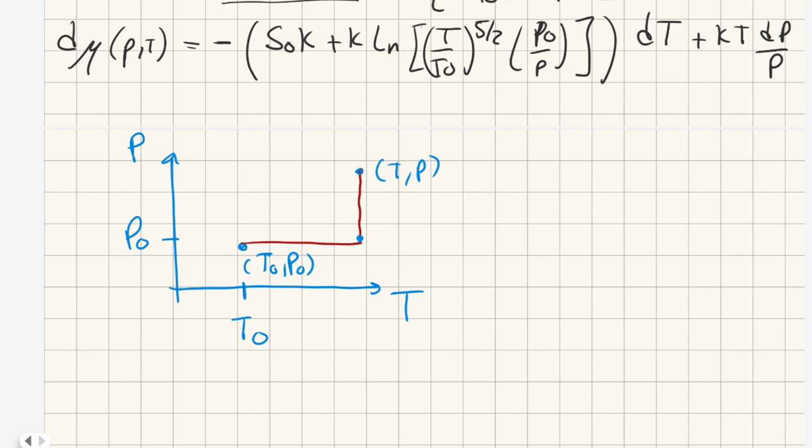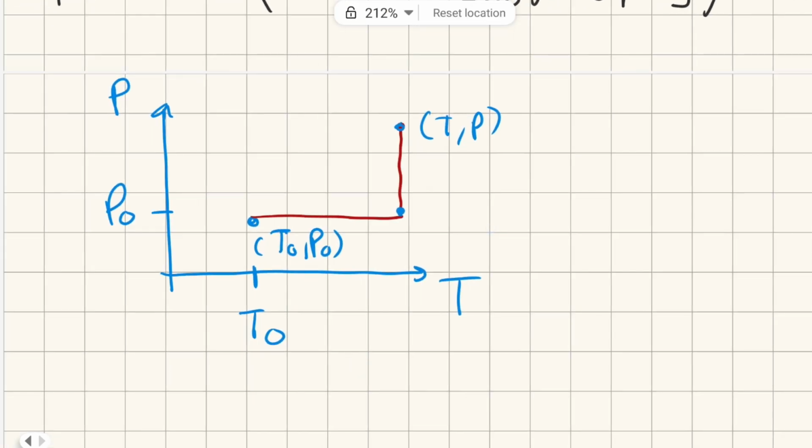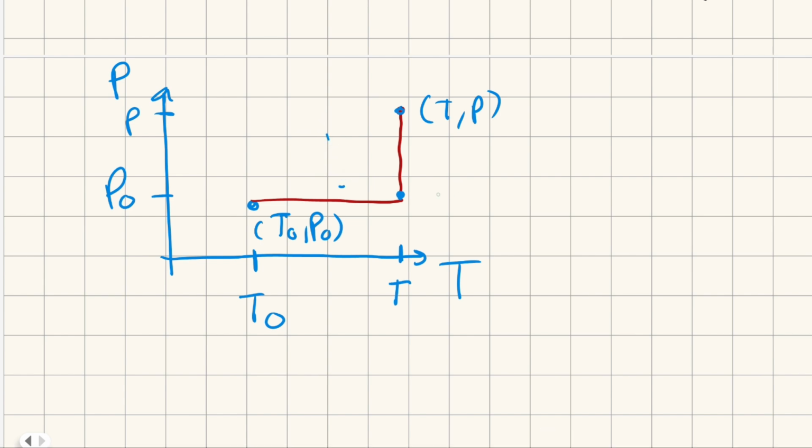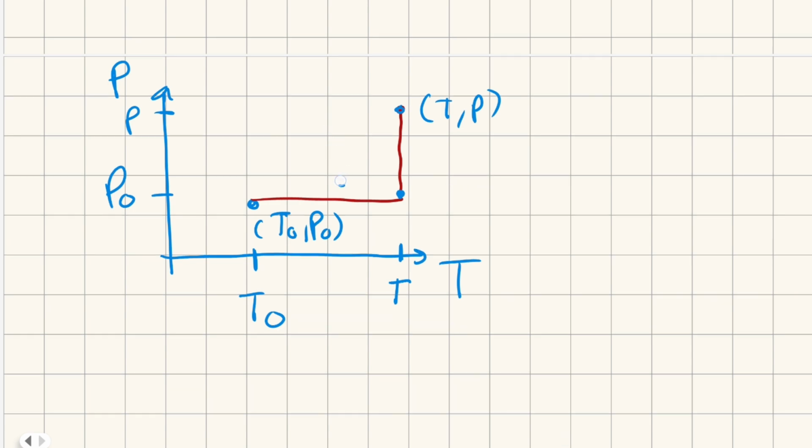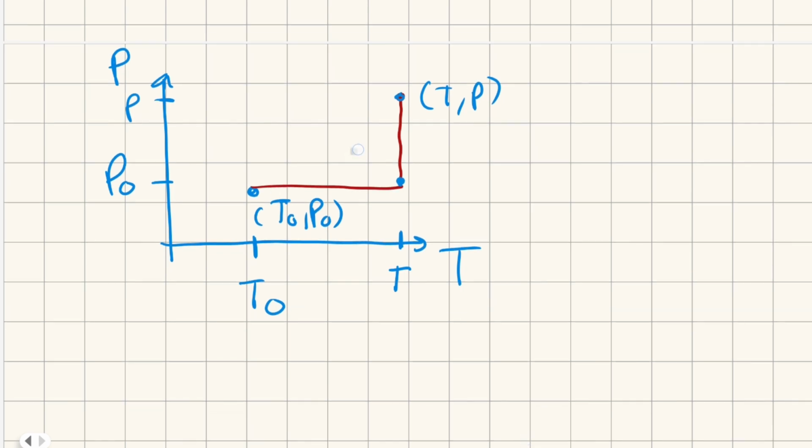So you might be wondering why I drew this graph in this manner. You are about to see why when we take the integrals, but you need to notice that when T starts changing, the pressure stays constant, and then when the pressure starts changing, the temperature is constant. Remember that we are free to select any contour, any path that we want, because we are working with a complete differential.